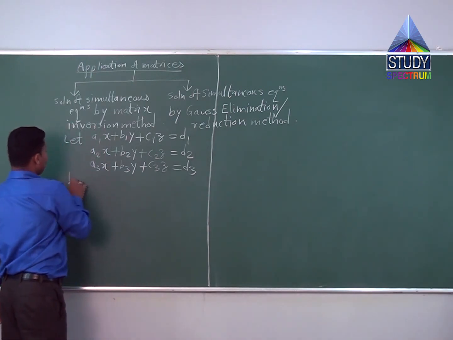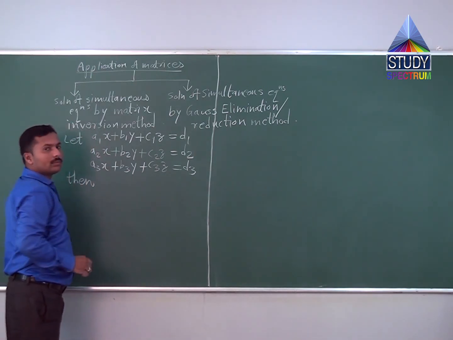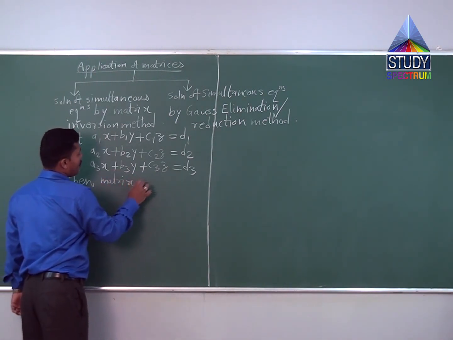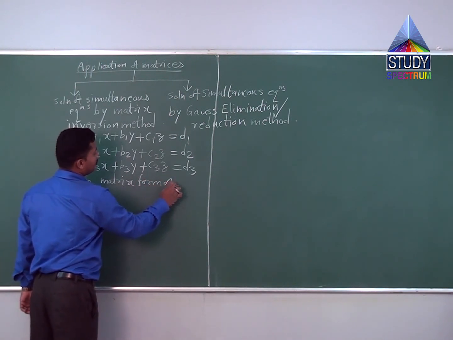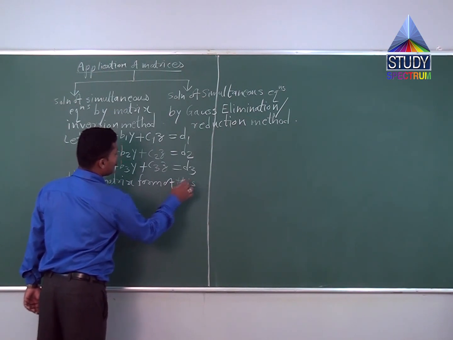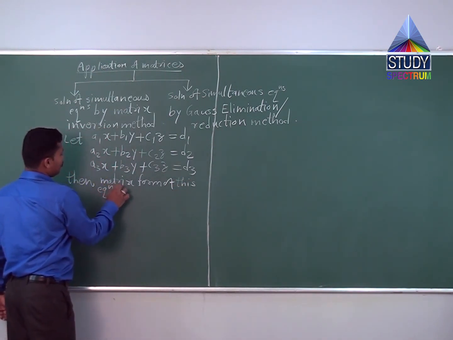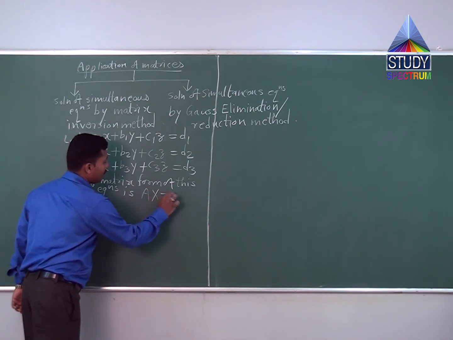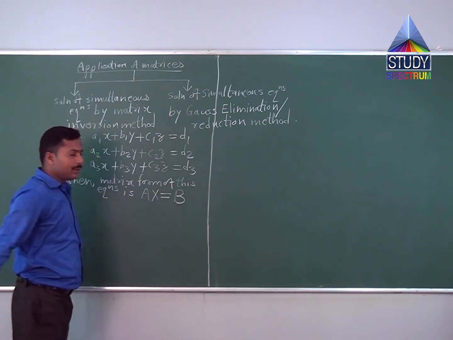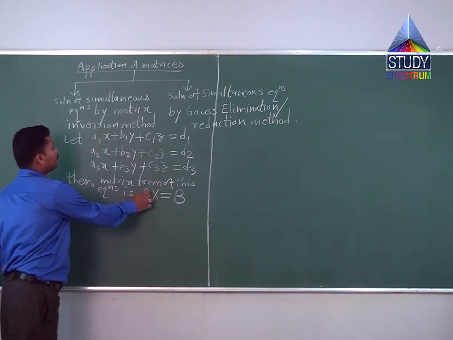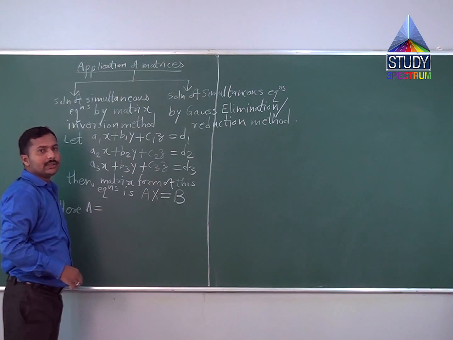Then the matrix form of these equations is AX equal to B. Here A equals the matrix of coefficients of x, y, z.